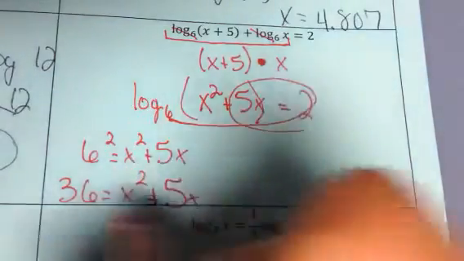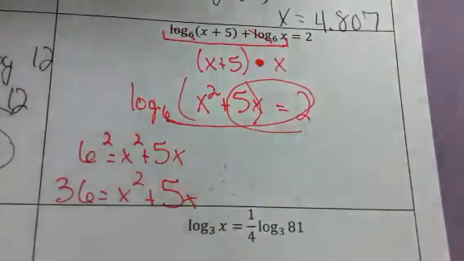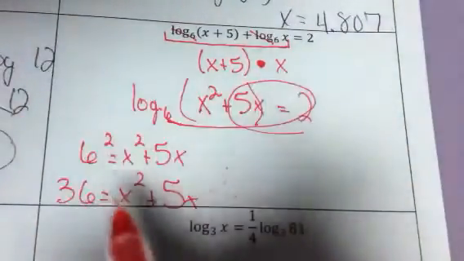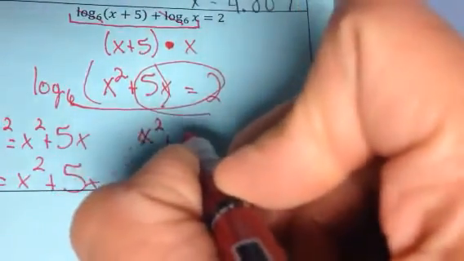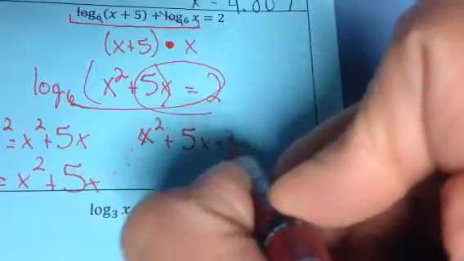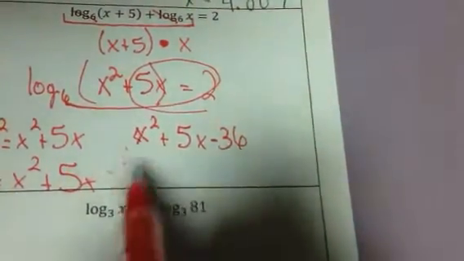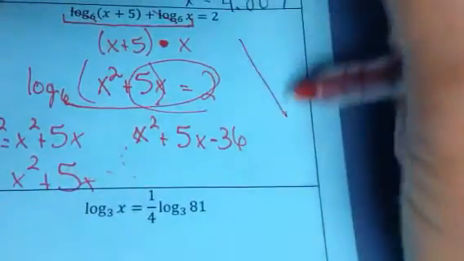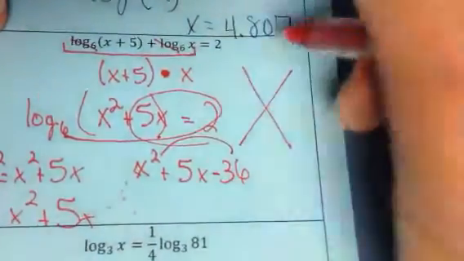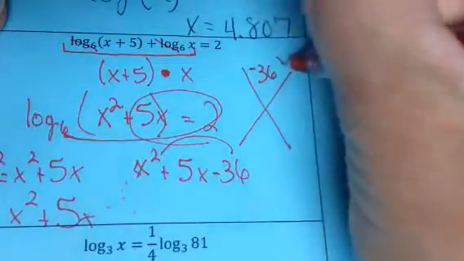We are seeing more than one x. You will have a problem like this on the test. There will be one that you factor. So I'm going to bring the 36 over. If you don't want to factor, you can always do the quadratic formula. A is 1, B is 5, C is negative 36. But otherwise, if you multiply, you're going to get negative 36x squared here.